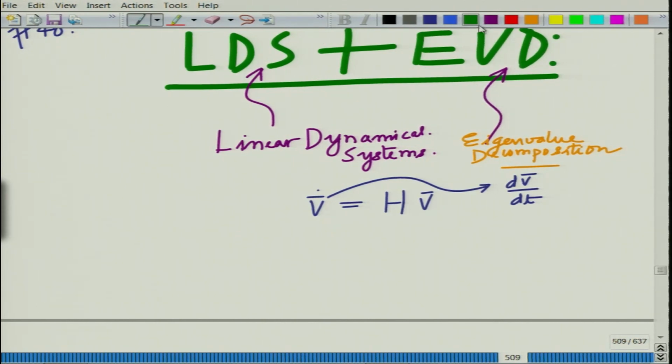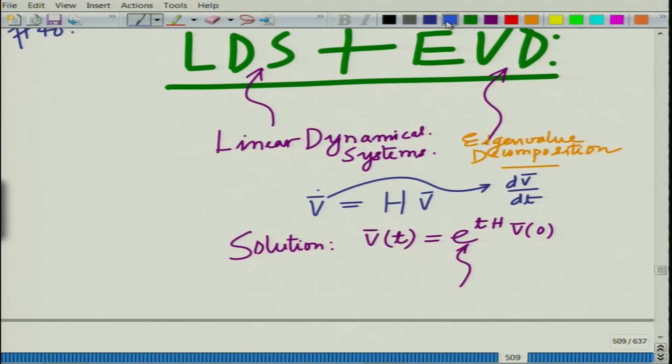The solution of this autonomous linear dynamical system, where the input is 0, is given as V bar t equals e raised to the power of t times H, into V bar 0. This is a very interesting quantity, which is termed as the matrix exponential.